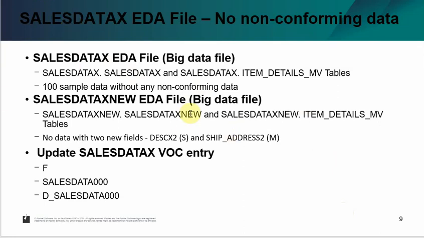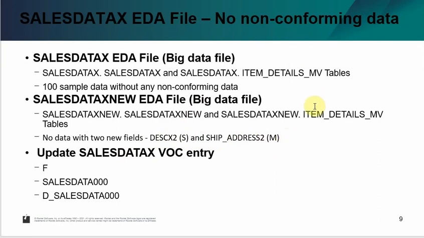So you would need to have another file called SALESDATANEW. This one will include additional new fields. For example, for my demo, it will be DESCX2, and also a ship address 2 as a multivalue field.